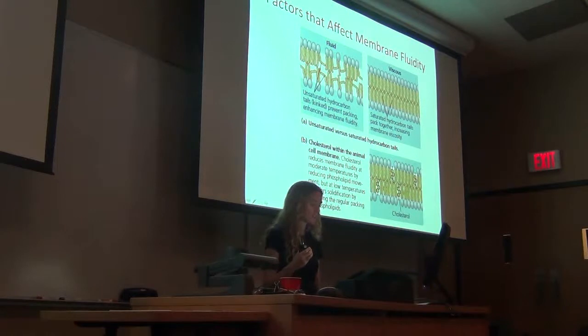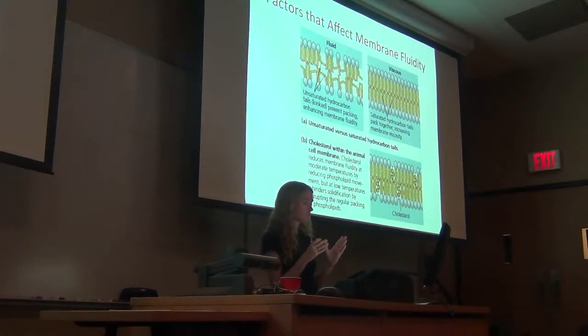Whereas here you can see if we have all entirely saturated hydrocarbon chains, they are packed very close together with very little space. The membrane is much less fluid. And if we take this membrane and then insert cholesterol molecules, those are going to be spotted throughout the membrane.